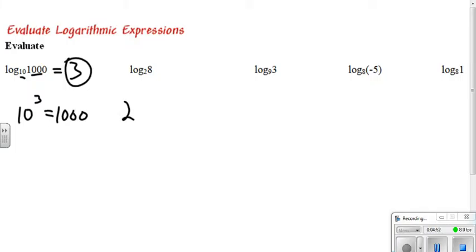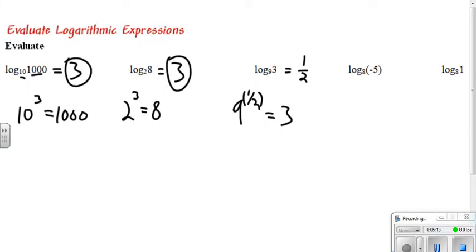Log base 10 of 1,000 is also 3. In this case, log base 9 of 3 is just saying 9 to what power is 3? Well, it's going to be 1/2. Remember, 1/2 is kind of like doing the square root of it. So this one is going to be 1/2.